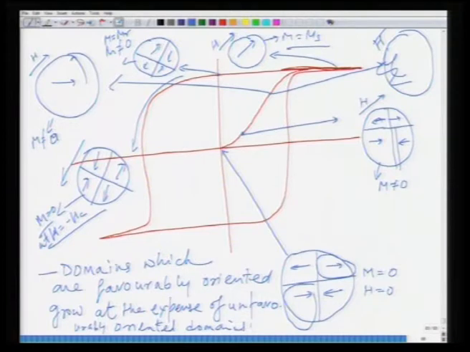So, it is only a growth phenomenon, rather it is not a process of nucleation. So, there is no nucleation in growth phenomena unlike in ferroelectric materials. So, that is a crucial difference with ferroelectric materials here in terms of domain growth in ferromagnetic materials.